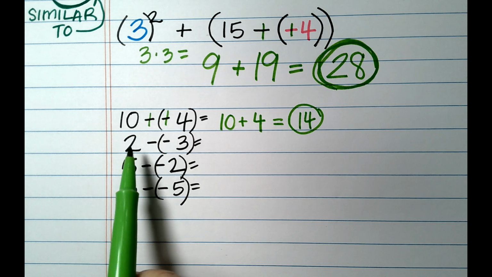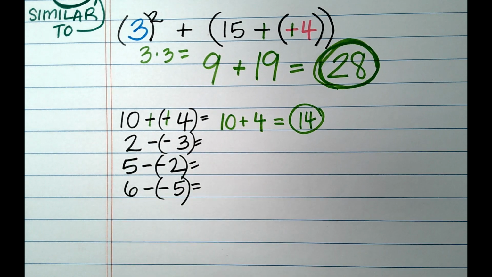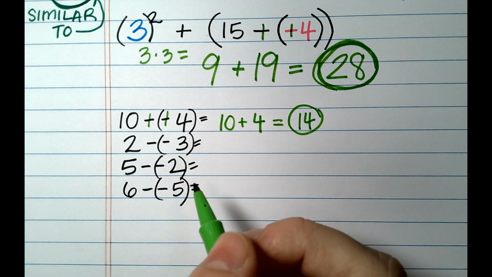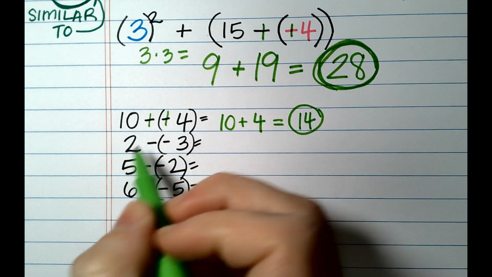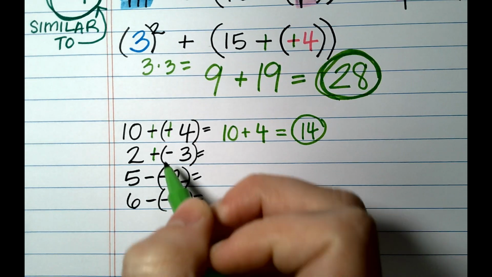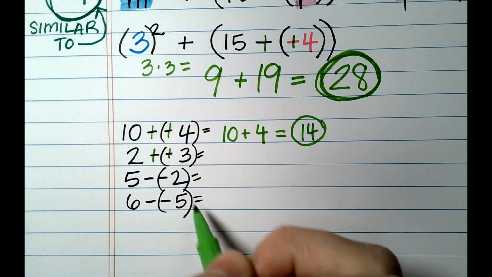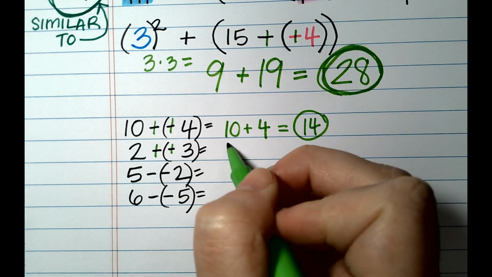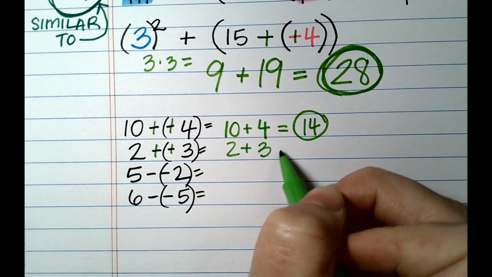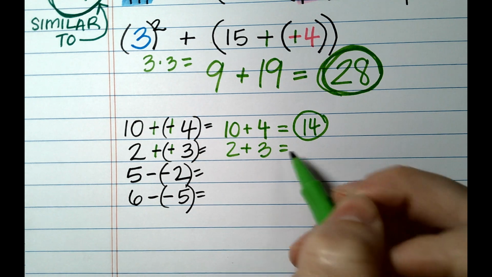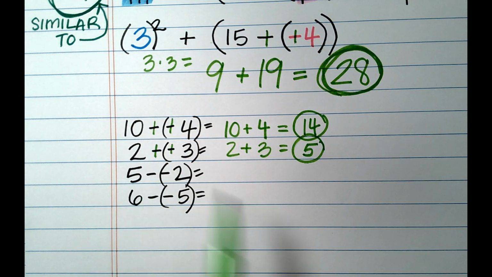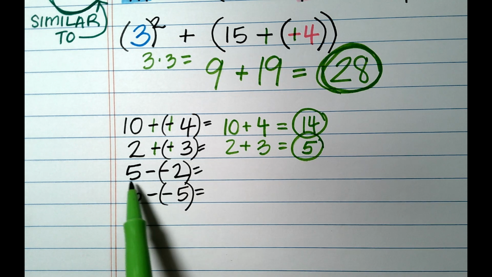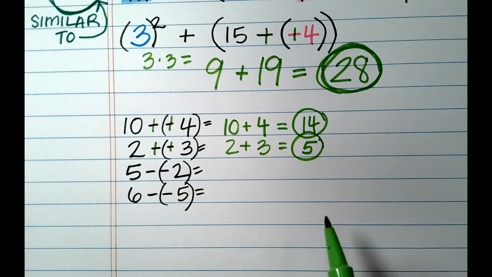Okay. 2 minus negative 3. What do we do here? The same thing. Keep the 2, change the minus to plus, change the negative to positive. 2 plus 3 is 5. You'll start to be able to recognize this in your head. It'll go so fast. 5 minus negative 2.